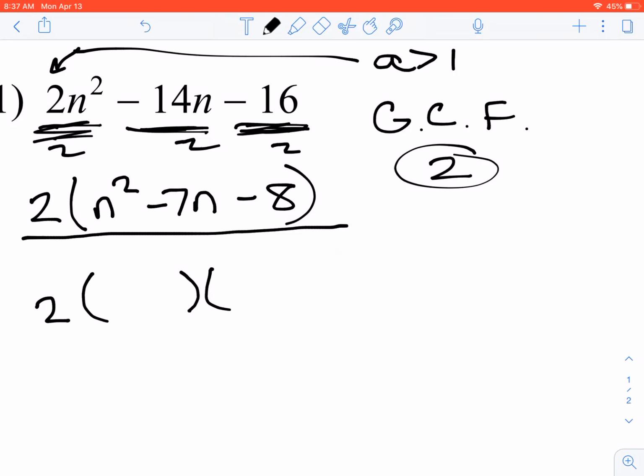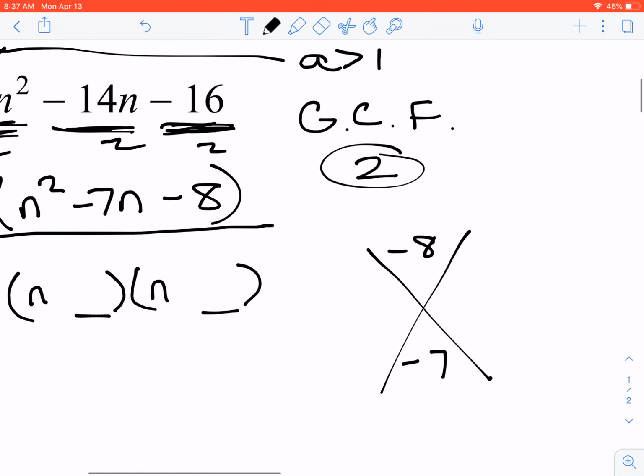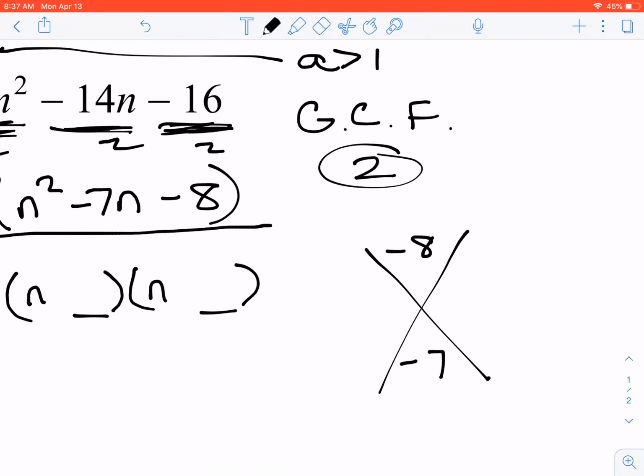Now I'm going to have 2 binomials. I'm going to have an n here and an n here, and I have to figure out these 2 numbers. If you remember how we did that last week, we made an x, we put the negative 8 up here, we put the negative 7 here. Then we had factors of negative 8: 8 and 1, and 4 and 2.